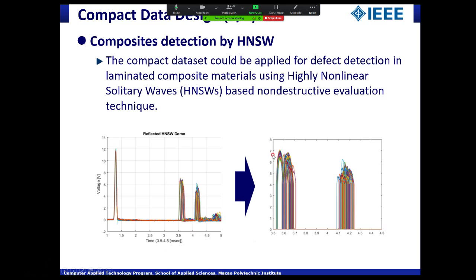commented that only this side, on your right, is going to be the part that distinguishes whether the material has a defect or not. So instead of looking at the whole data, I just chunk it up to this part only, and use that as the input to train the machine to detect whether there is a defect or not.